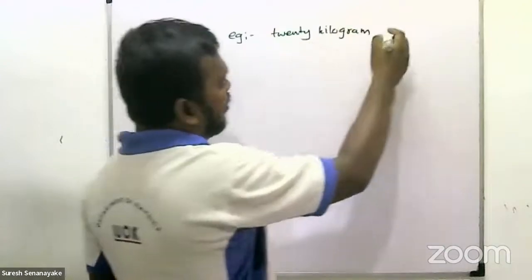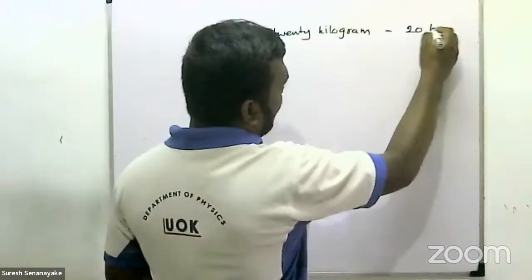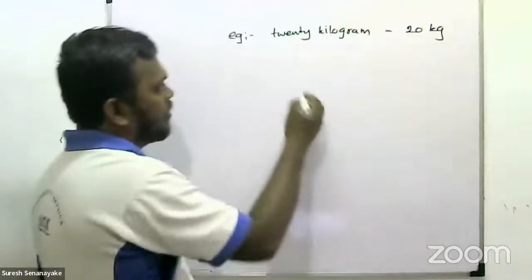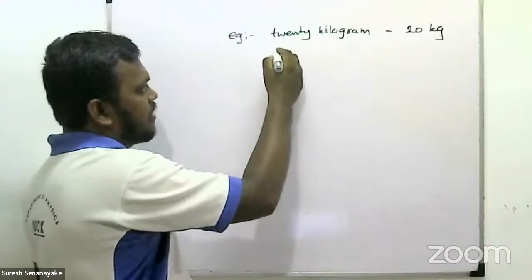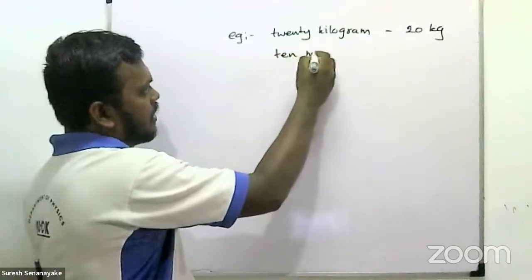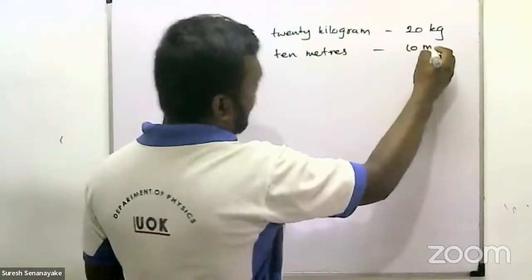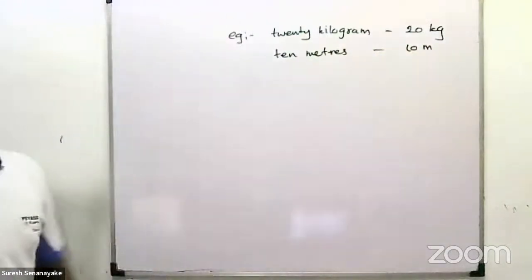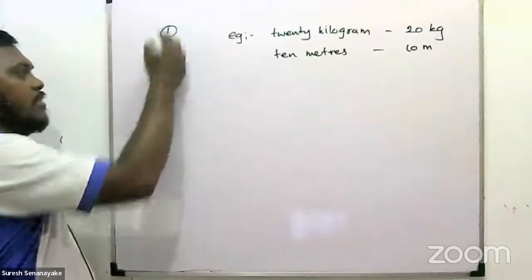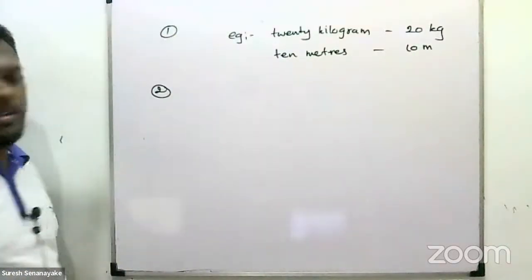Example: 20 kilogram. The right side is the unit. Another example is 10 meters, that is 10 meter length. Write those first examples there.